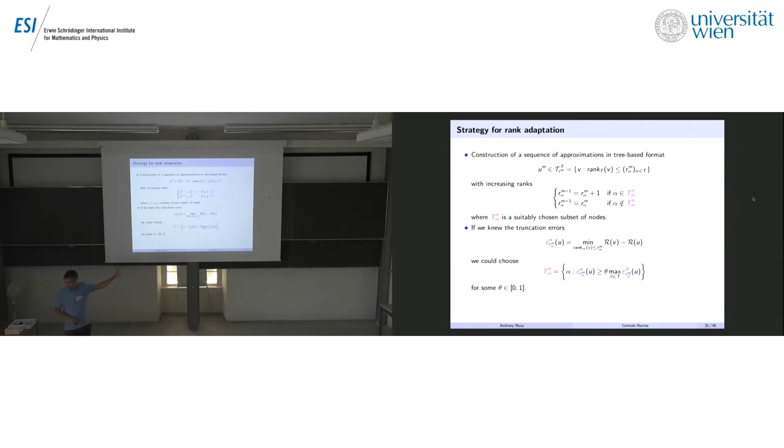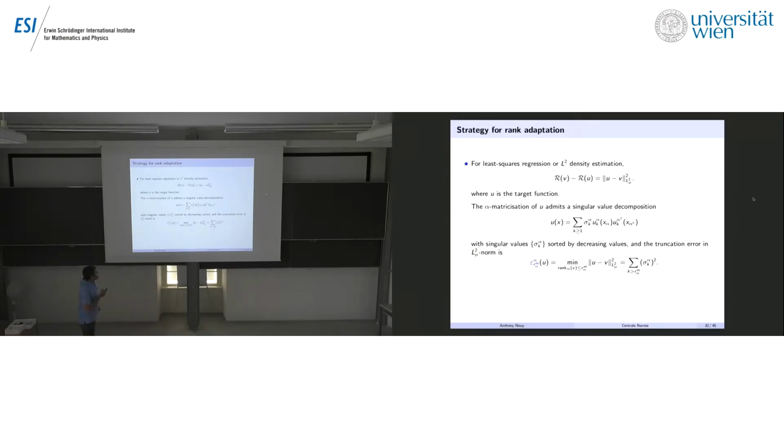Maybe you recognize the way you can define a bulk search strategy in adaptive approximation. If theta is equal to 0, you will retain all the nodes, so you will increase all the ranks. It's an isotropic enrichment of the nodes, not very interesting. If theta equals 1, usually you will only enrich the rank associated with a single node, okay? The algorithm will be quite slow in this way.